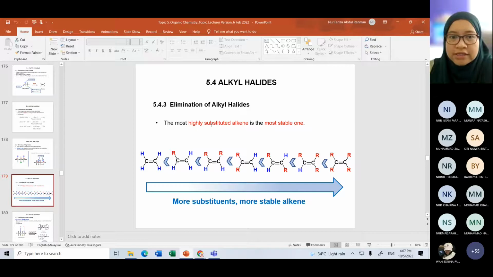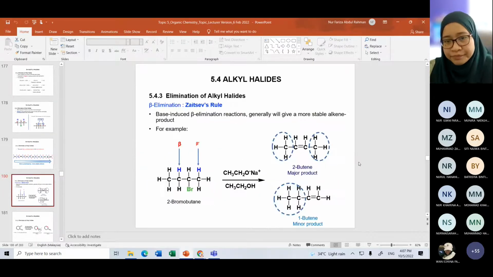The most highly substituted alkene is the most stable one. So the fewer hydrogens attached to the carbon, the better. Simply put, the fewer the hydrogens, the better.